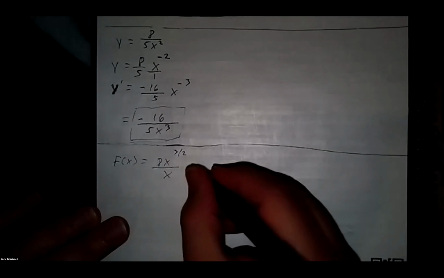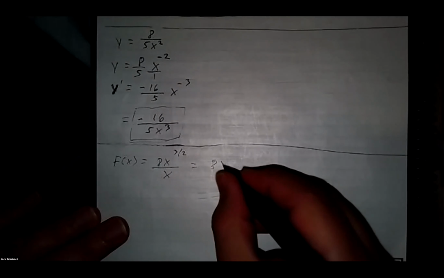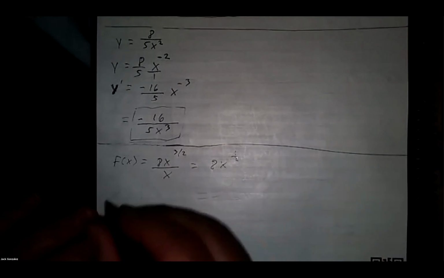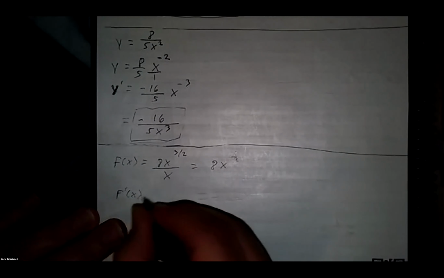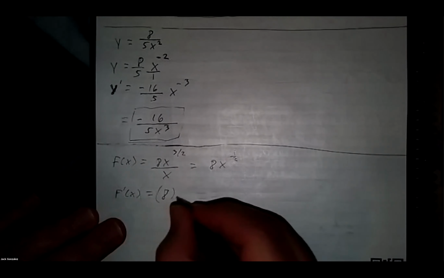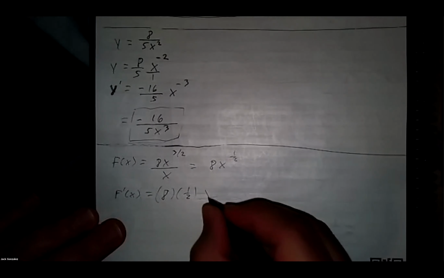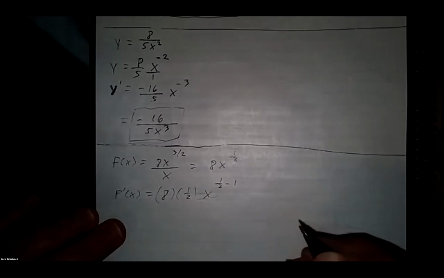Okay, so if you simplify this, you'll get 8x to the 1/2. So the derivative will be 8 times 1/2 times x to the 1/2 minus 1.